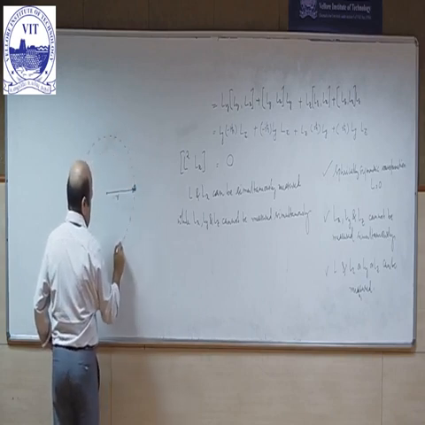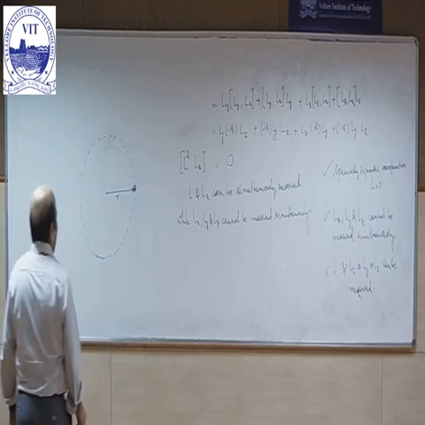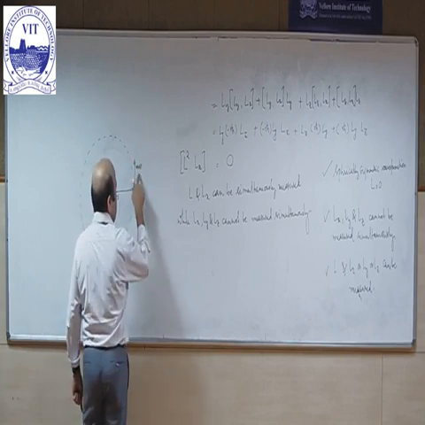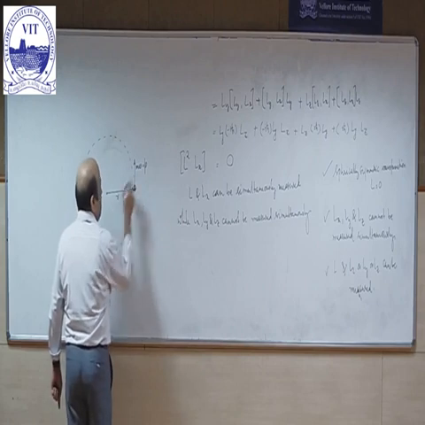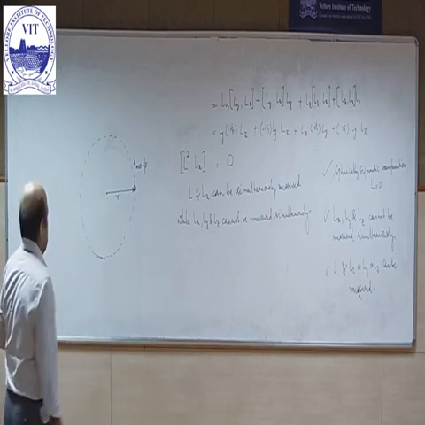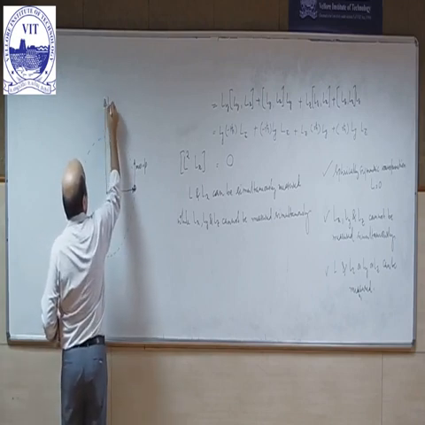Oops. So I hope this is a circle. Okay. And you know that this is mv, this momentum, which is p. P cross r gives you the angular momentum. So that means your angular momentum vector L is perpendicular to this plane.